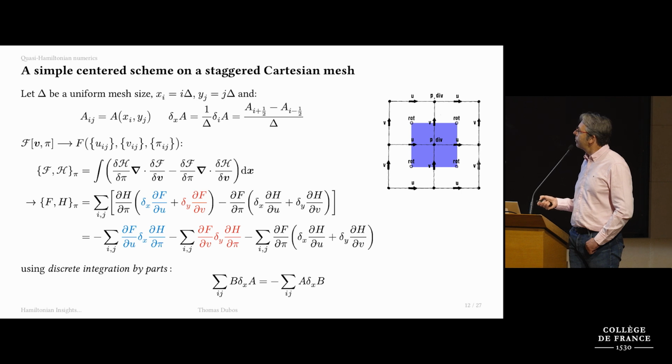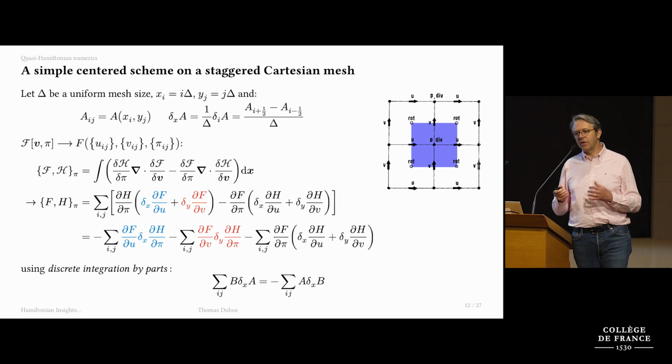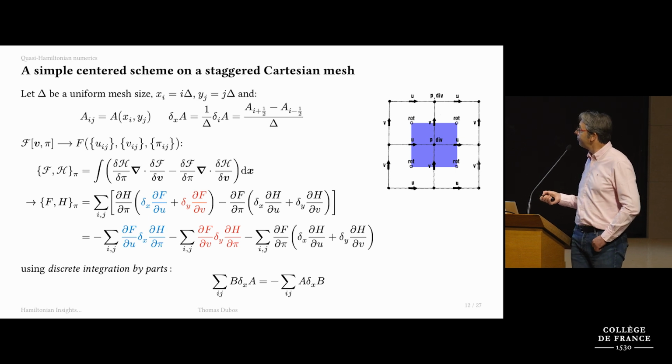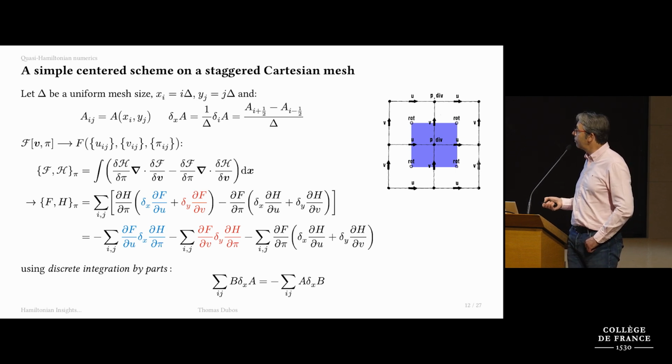But if I want to derive the equations of motion from the bracket, what I want is to rewrite this with all the derivatives of f without anything in front of them. So that's what I do here. And the key property that enables moving from that line to the next line is this discrete integration by parts property. Typically, having a discrete integration by parts property is essentially equivalent to the antisymmetric property of that part of the bracket. And that's what you try to get in your numerical schemes.